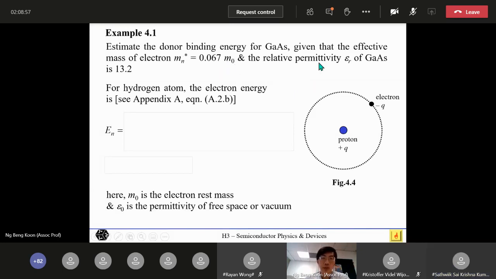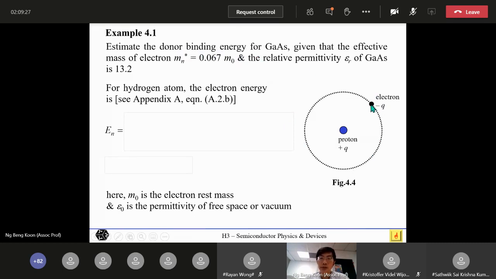Suppose I have gallium arsenide and you have donor atoms in the gallium arsenide crystal. The donor atoms will have this fifth electron, similar to silicon, that's loosely bound. So the question we're asking here is, what is the energy of this fifth electron that is bound to the impurity atom? That's called the donor binding energy.